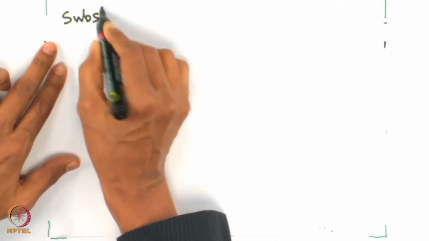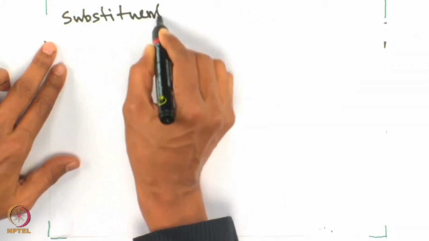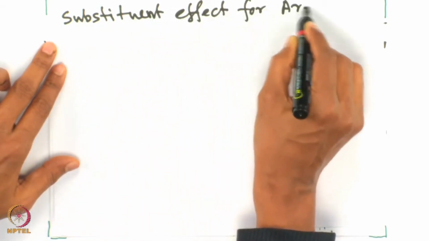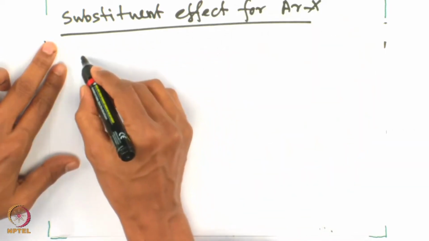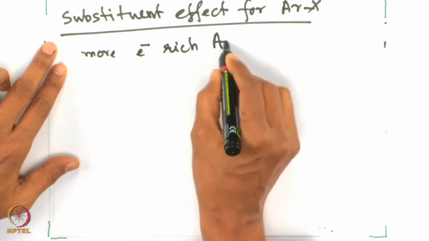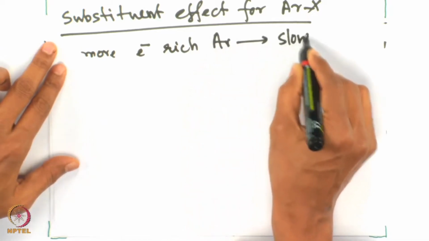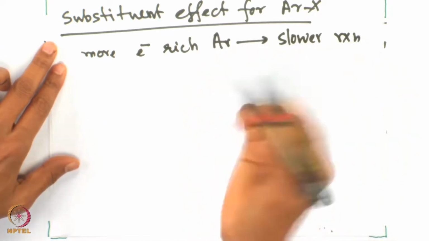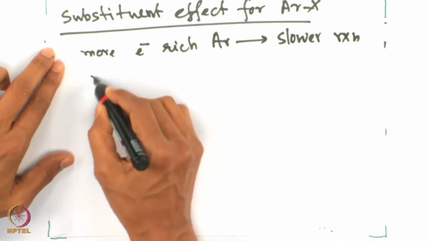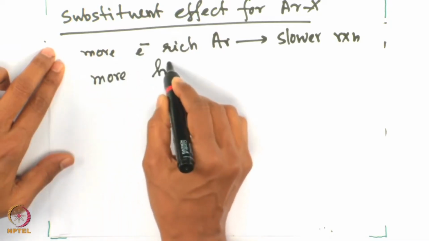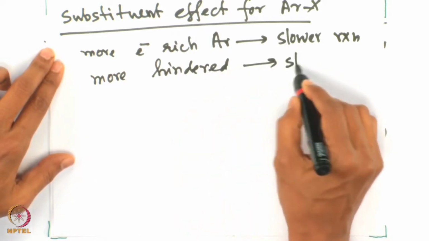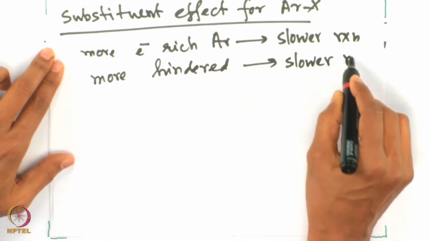Substituent effect, for the ArX organohalide reagent. A more electron-rich aryl will have a slower reaction. The opposite is also definitely true: an electron-deficient aryl halide will give a faster reaction. The more sterically hindered the reaction is, the more challenged it is, so then we have a slower reaction.